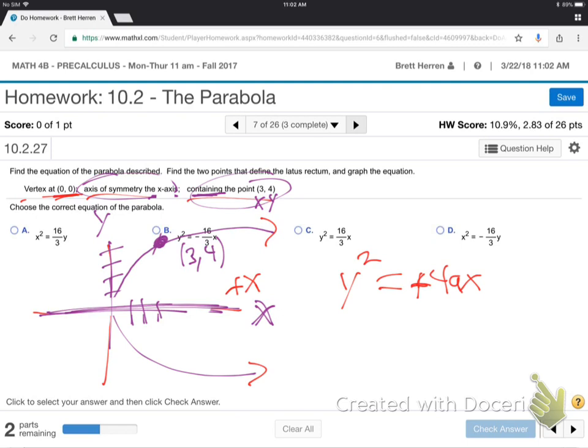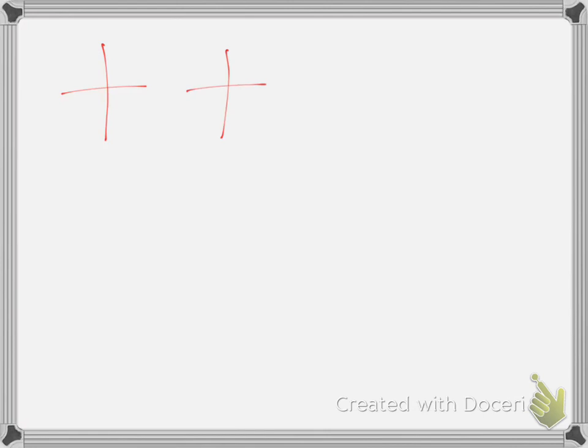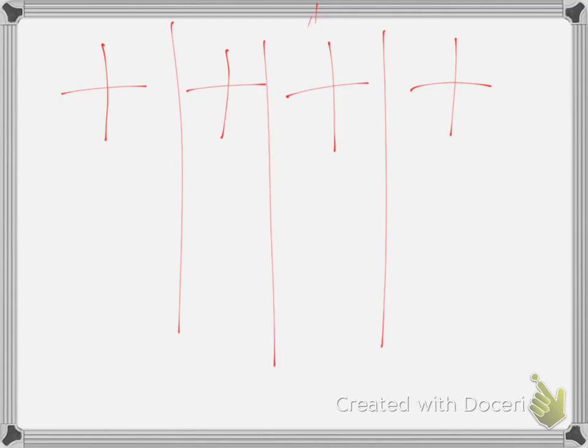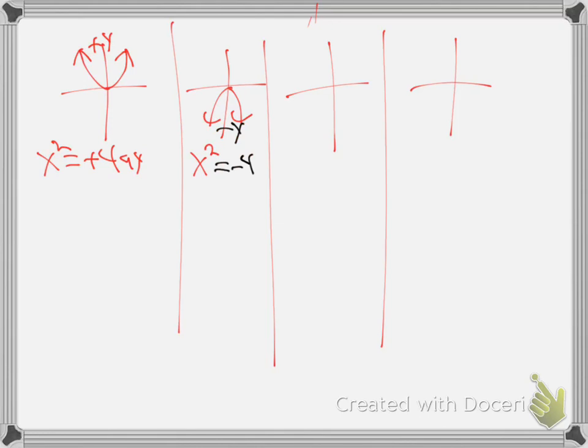Always. And you're going to put those 4 things on your 3x5 card anyway, right? The 4 different directions. Remember how we talked about that? Remember the up, down, right, or left? That'd probably be helpful. So if it goes up, that's a positive y, so x squared is positive 4ay. If it goes down, that's the negative y direction, so x squared is negative 4ay.